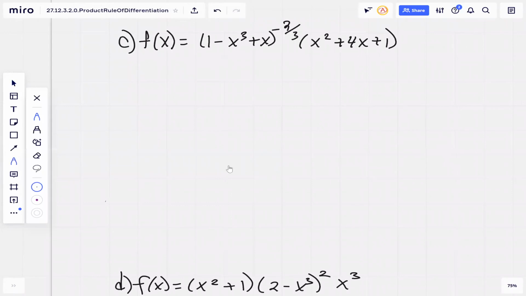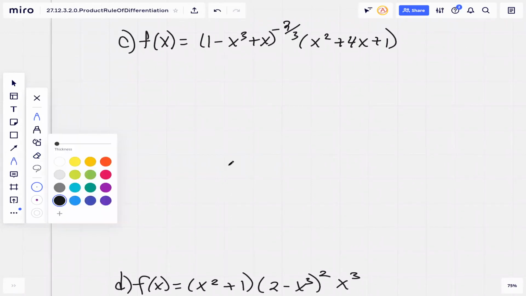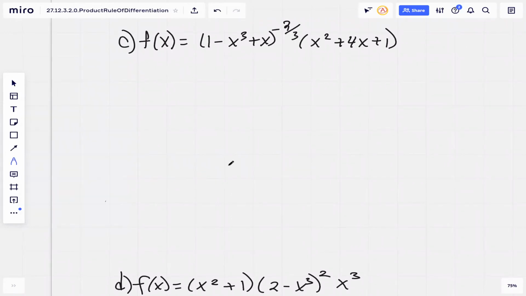All right, so next one, let's pick a different color. f of x equals 1 minus x cubed plus x, all raised to the power negative 2/3. That's our G of x. And times x squared plus 4x plus 1, that's our H of x. Let's write out our product rule. F prime equals G prime times H plus G times H prime.